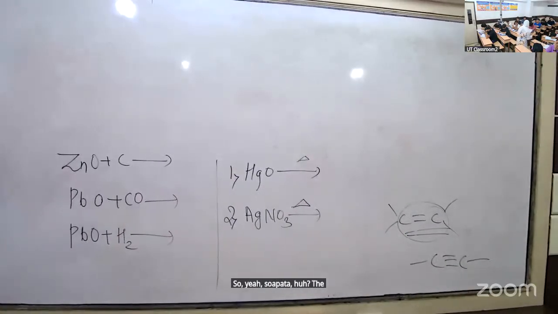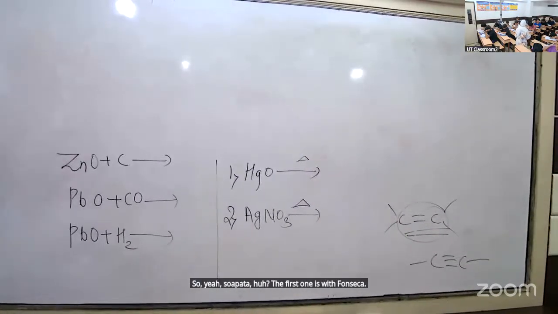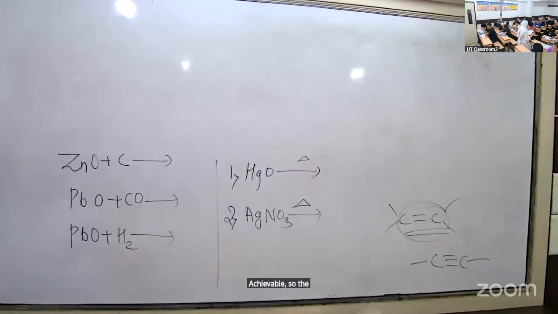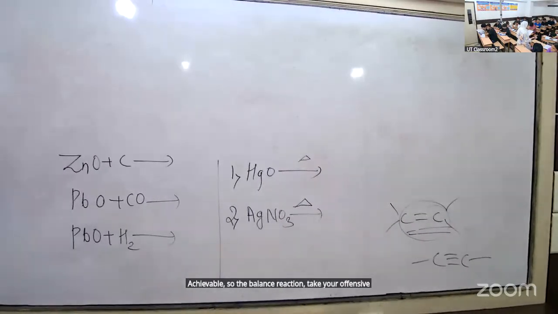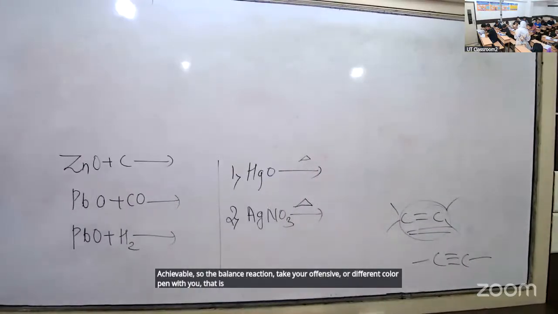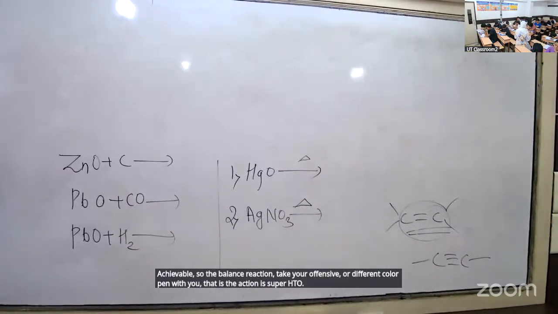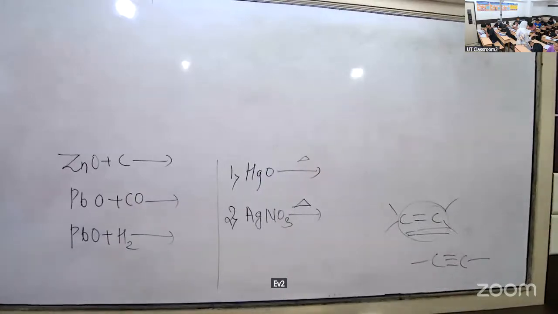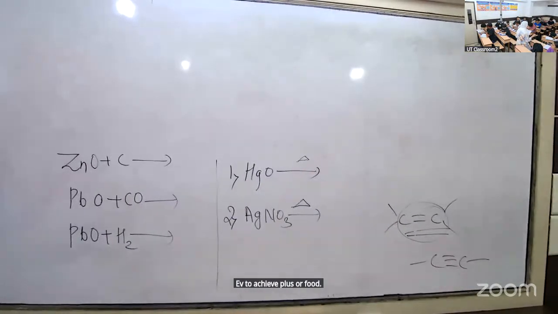The first one is with oxide, HgO. So the balanced reaction, take your pencil or a different color pen: 2HgO giving 2Hg plus O2. Oxygen gas is formed.